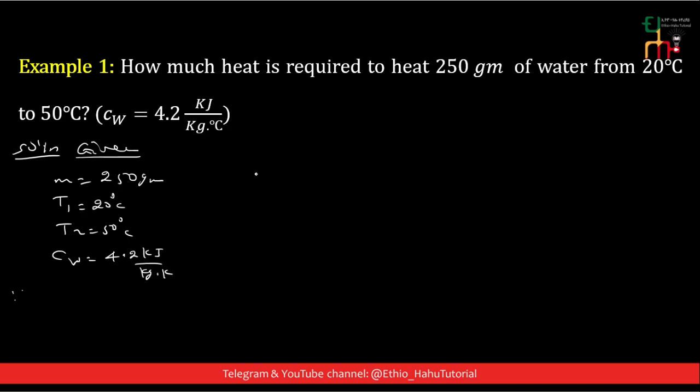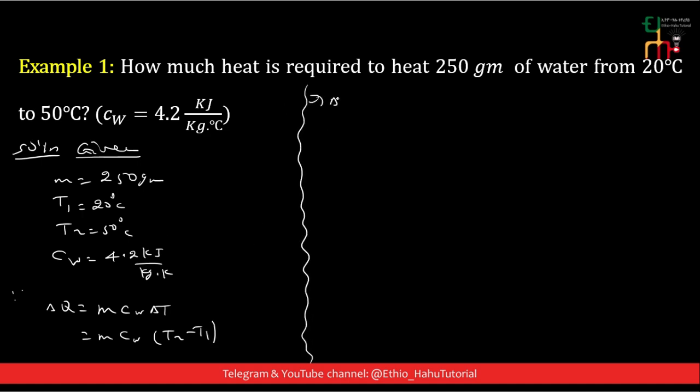Therefore, the quantity of heat required to raise the temperature of 250 grams of water from 20 degrees Celsius to 50 degrees Celsius is obtained by this: delta Q is equal to m times c of water times delta T, and delta T is T2, the final temperature, minus T1, the initial temperature.